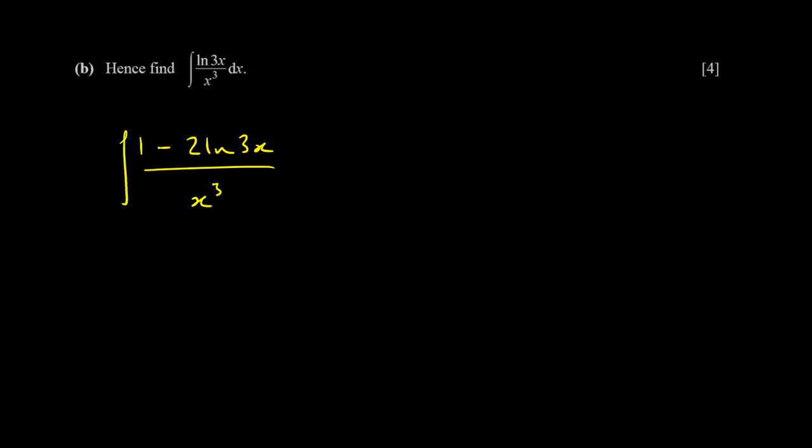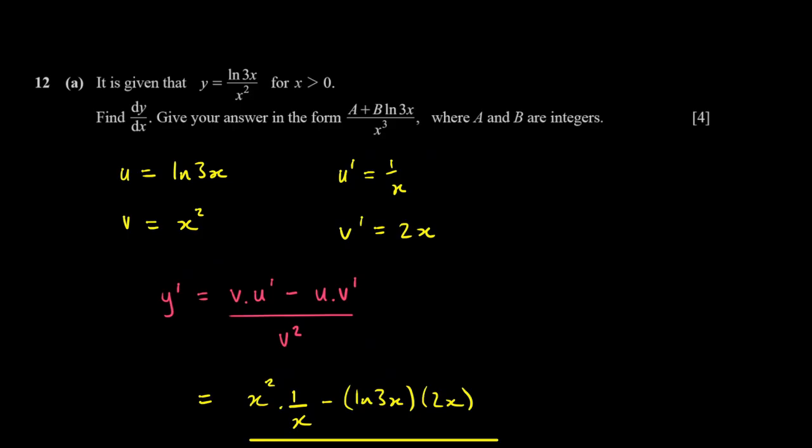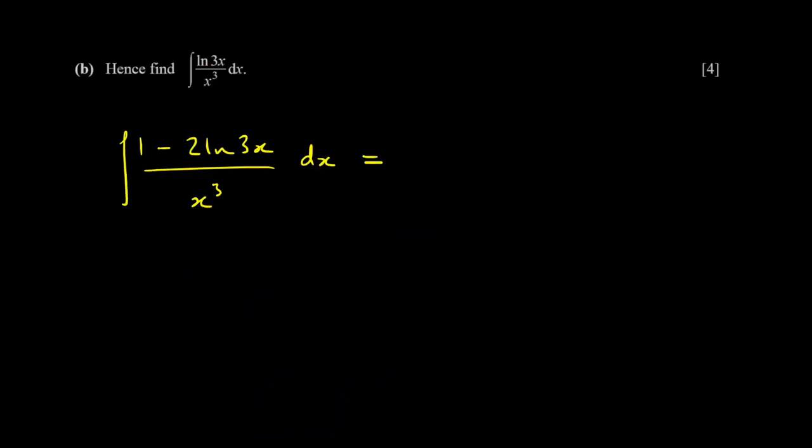If I was to integrate that, then what I would get is the function that I had at the very beginning, right? Ln 3x upon x squared, this thing here. So I would get ln 3x upon x squared.